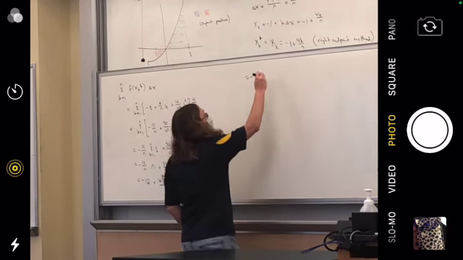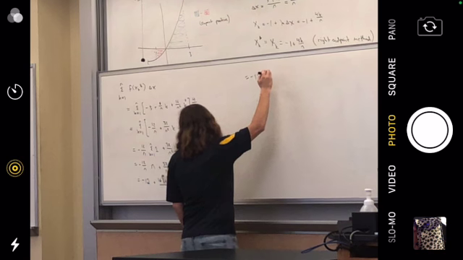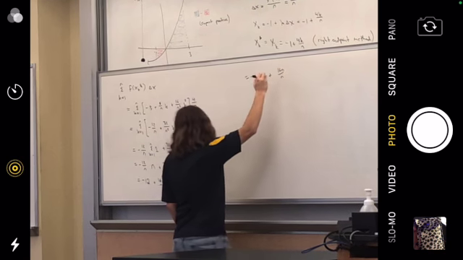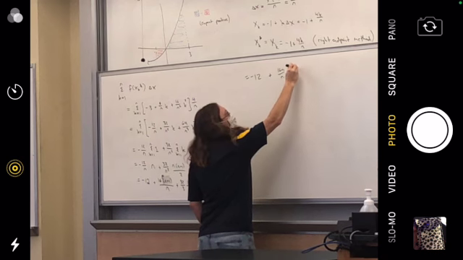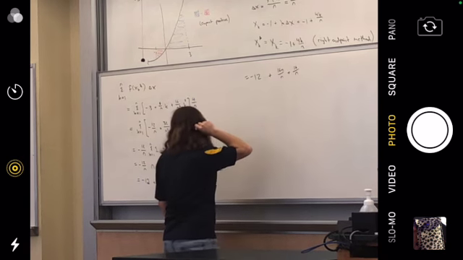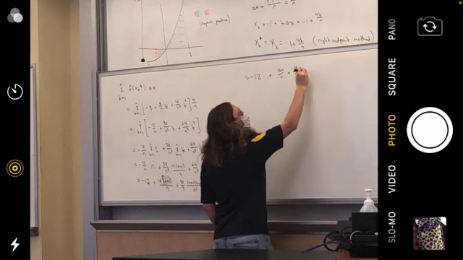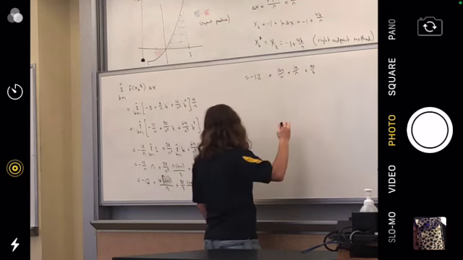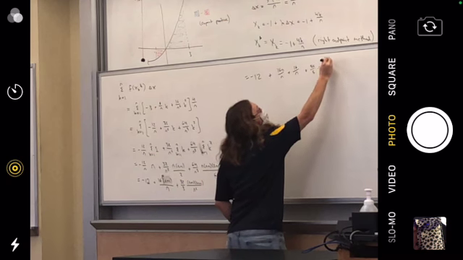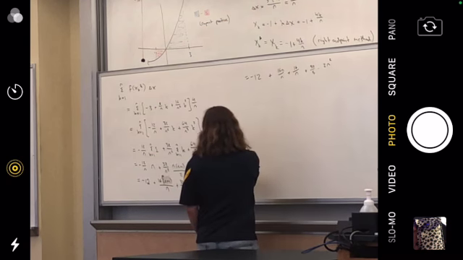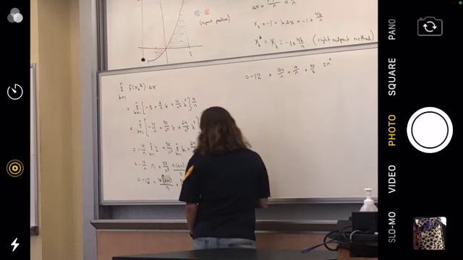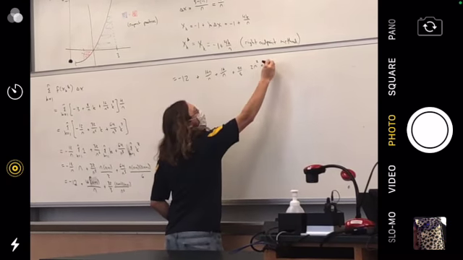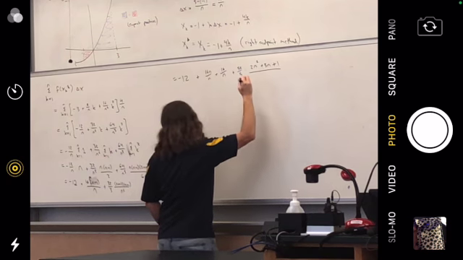That would be plus 16, n divided by n, plus 16 over n. Now what about the other one? I can expand the top, that would give me 2n squared plus 3n plus 1, all divided by n squared.